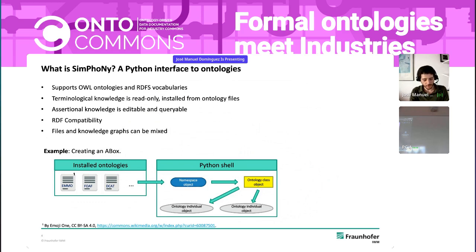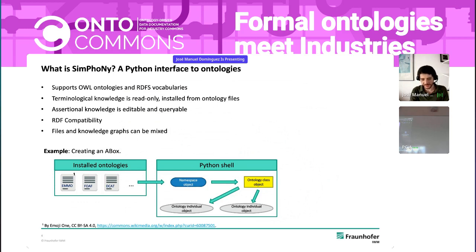Well, now I will very quickly walk through an example of how this looks when actually using it. It's super simple, but hopefully this makes the topic less abstract. So in the example, what is done basically is, from a set of installed ontologies that we have added to Symphony, we import a so-called namespace object that is used to retrieve the entities from the ontology.